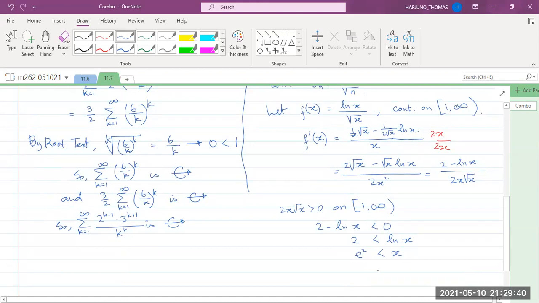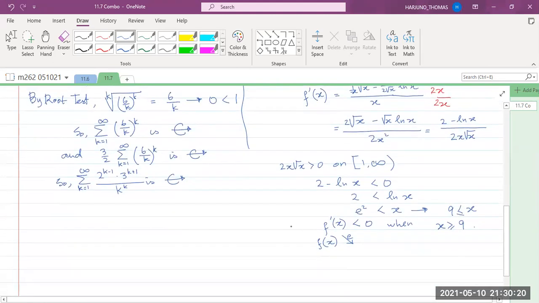So let's use x greater than or equal to 9. So f'(x) is negative when x is greater than or equal to 9. In other words, this f(x) is eventually decreasing. Okay, decreasing to what? Let's find the limit.